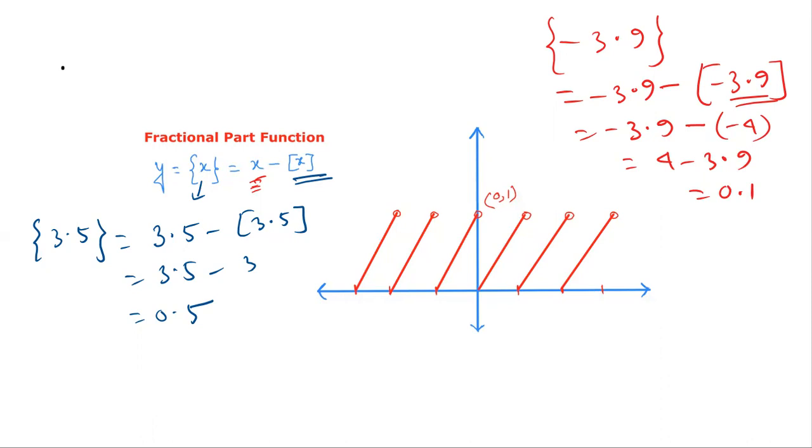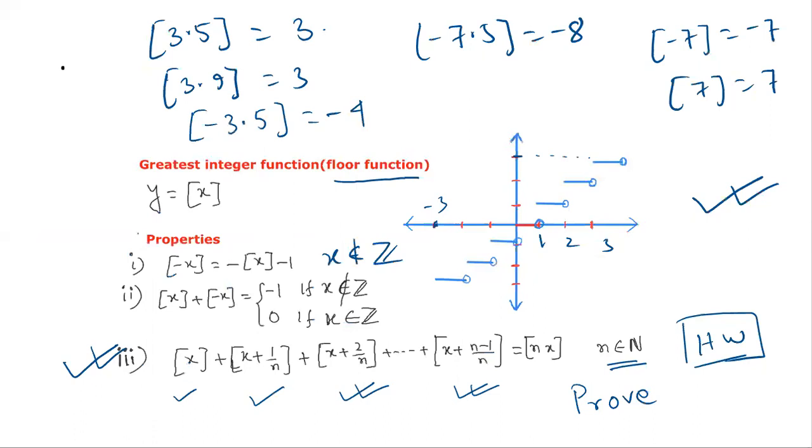Why? Because if you take any integer point, let's say I'm taking the fractional part of k, this becomes k minus the greatest integer of k. I told you a little while ago that the greatest integer of any integer value gives you the integer itself.